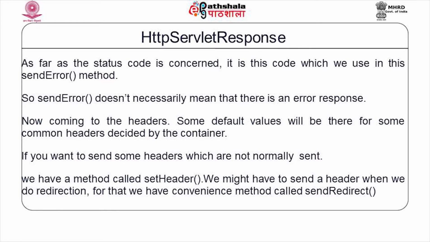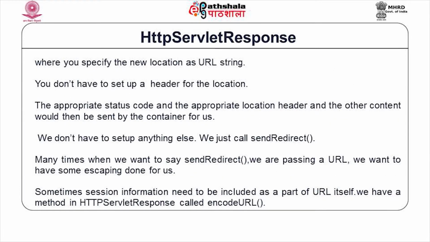You do not have to set up a header for the location. You specify a string for the location, the URL string, and just say send redirect. The appropriate status code, the appropriate location header and the other content would then be sent by the container for us. We do not have to set up anything else. We should just know the URL where we want this request to be redirected to. So, a convenience method called send redirect.